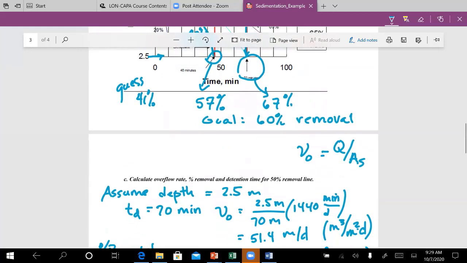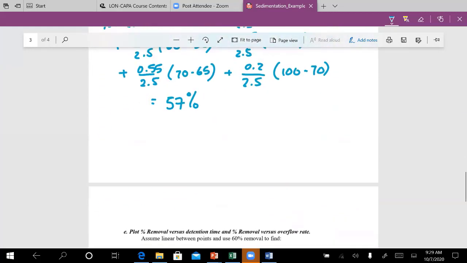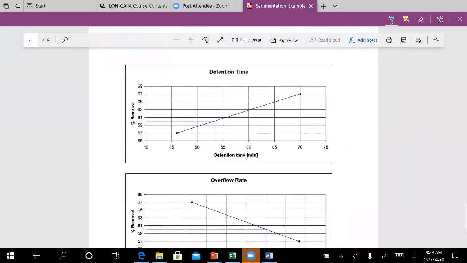Okay, so once I've done this, I'm now going to plot detention time versus percent removal. Because remember I said I'm bracketing this value. If I bracket the removal, I've plotted my 2 data points.